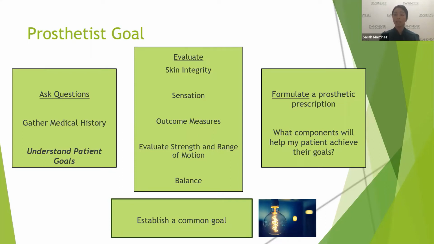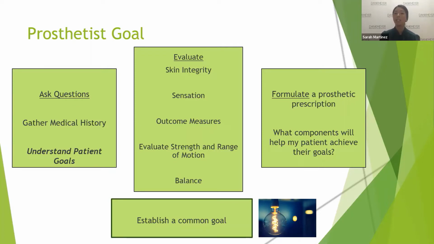And next, we have all this objective information that is crucial. So we evaluate skin integrity. Depending on the skin integrity of our patients, if the skin is intact, excellent. If it's not, and there's burns, there's grafted tissue, there's scars, we need to make sure we take that into account, because that might mean we need to approach things a bit more differently in terms of, say, a custom liner for that patient's skin so that they tolerate wearing a prosthesis well, and we can accommodate any type of skin differences.